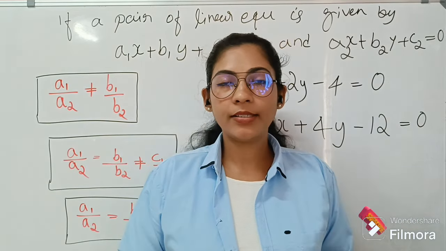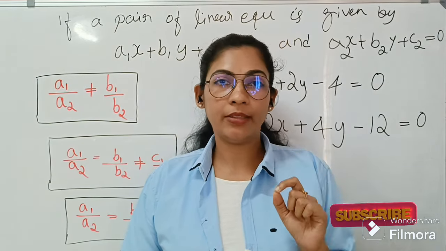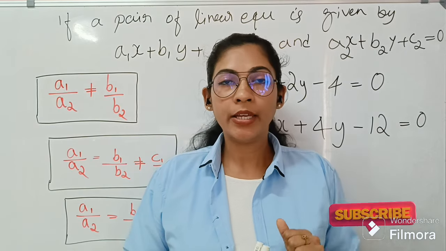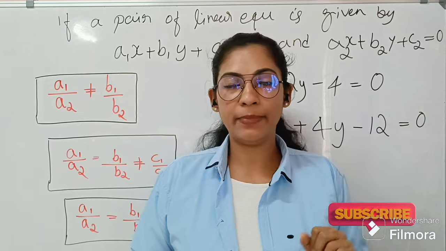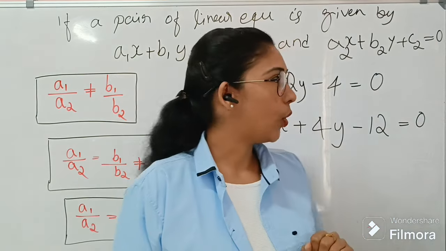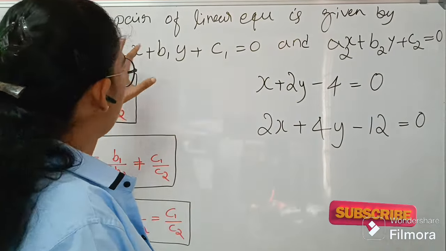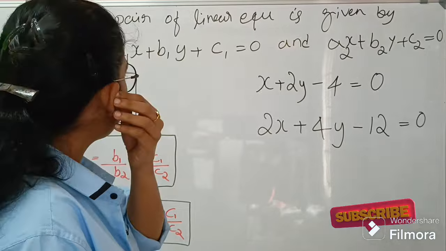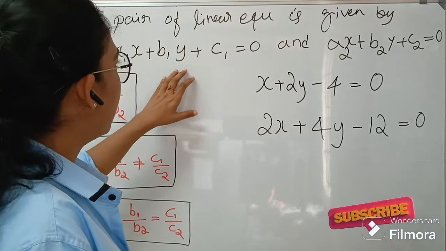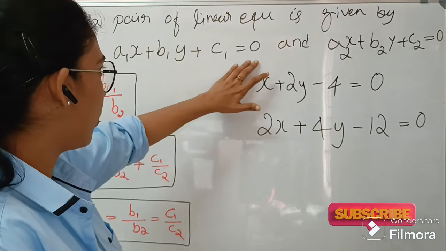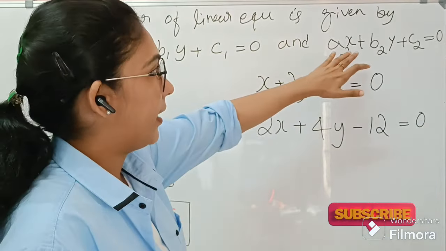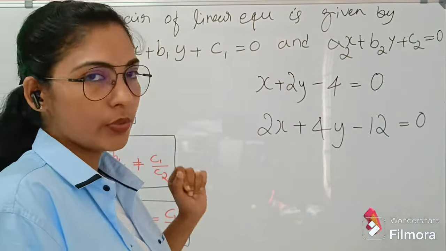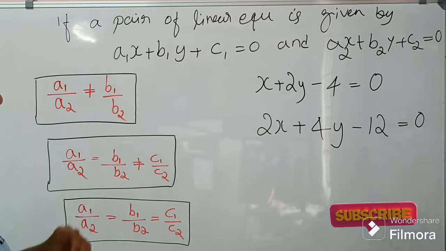Dear children, in the last classes we discussed the algebraic methods for finding solutions of a pair of linear equations, and now we are moving to a method for finding solutions. So here, if a pair of linear equations is given by a1x plus b1y plus c1 is equal to 0, which is the general form of a linear equation, and a2x plus b2y plus c2 is equal to 0, then three possibilities are there.